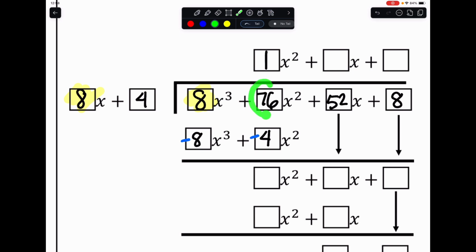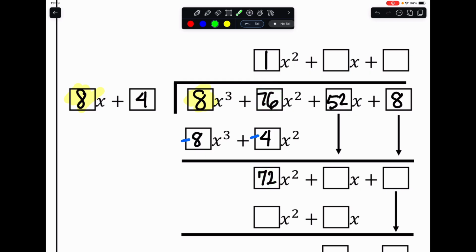And adding a positive 76 with a negative 4, by our integer rules of addition, we subtract those two numbers, giving us a value of 72. And positive 72, because the larger value 72 is positive, so that gives us a positive value.